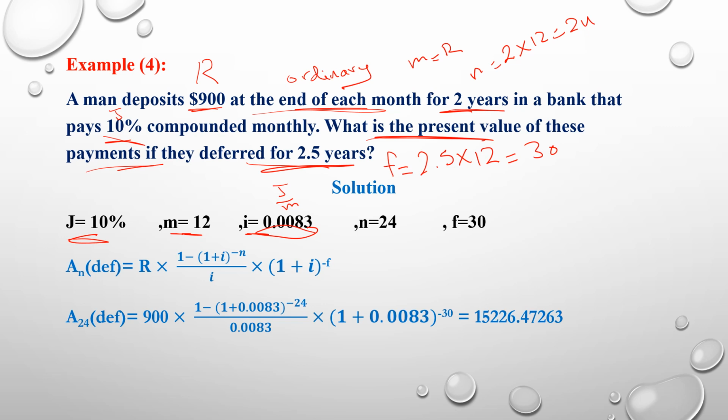And this annuity is an ordinary annuity, and we need to know the present value of these annuities after a deferment period of 2 years and a half.